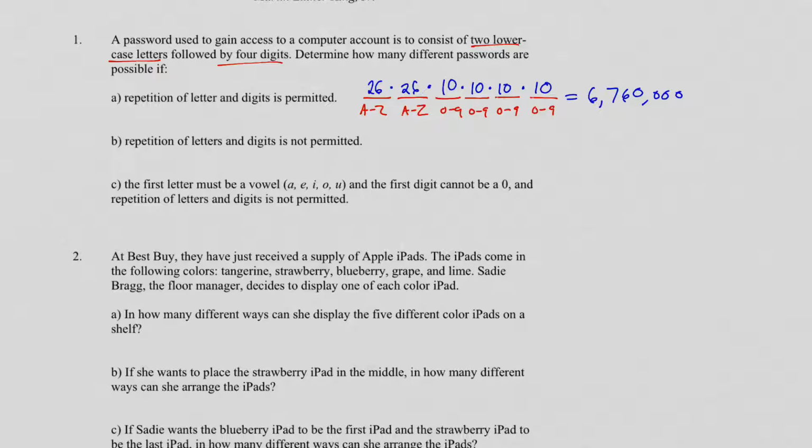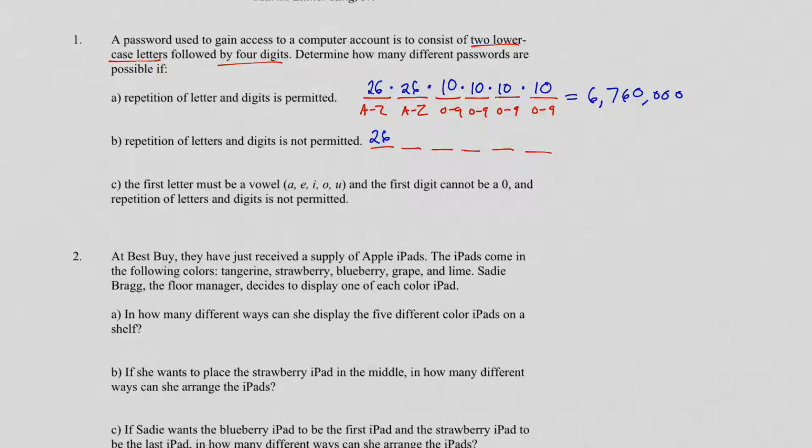Now, what if there are some restrictions put in place? For example, letter B says repetition of letters and digits is not permitted. So let's take the same scenario. Now, in the first choice of your letters, how many options do we have? All 26.